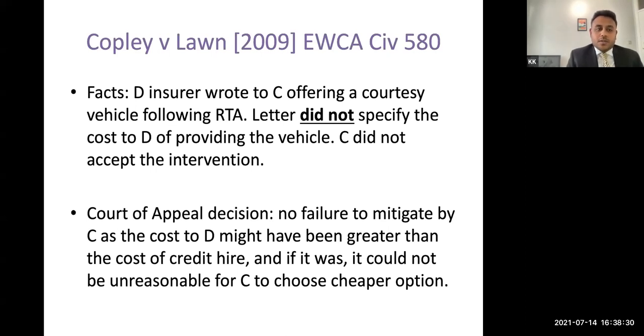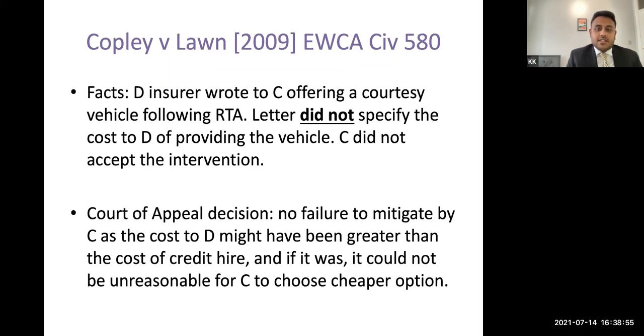Typically, what we will see, of course, in intervention cases is the bare facts of the cases are generally very simple, and it was no different in this particular matter. There was a twin case here where in each particular instance, the defendant insurer wrote to the claimant offering them a courtesy vehicle following an accident.